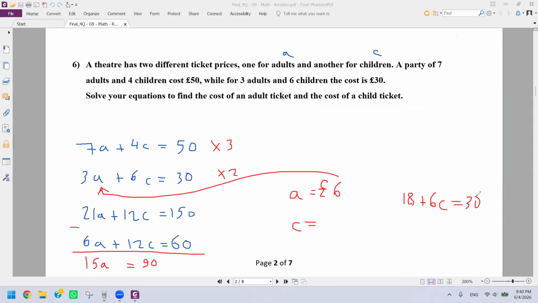Take 18 to the right side, it will be minus. 6c equals 12. 30 minus 18 is 12. So divide by 6. So c is 2 pounds. Either from the beginning you say A is adults and C children, or after you find the solutions you write: the adult ticket price is 6 pounds and for children is 2 pounds.